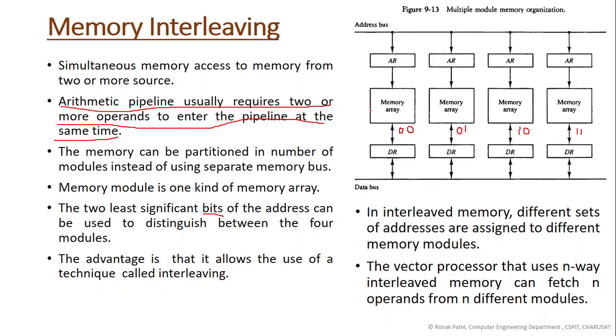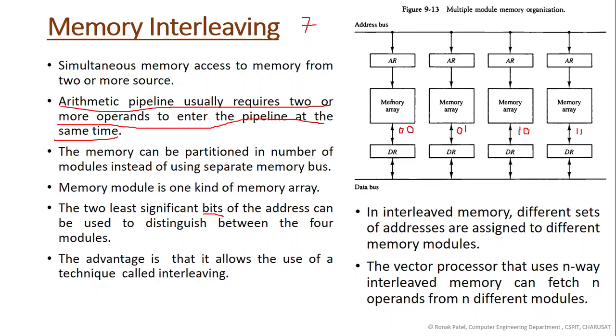Overall size is 128 bytes, right? So if I divide that into four modules, then each will take 32 bytes, 32 bytes, 32 bytes and 32 bytes, right? So initially, if I consider 128 bytes, then to address each byte, how many bits are required? 7 bits.